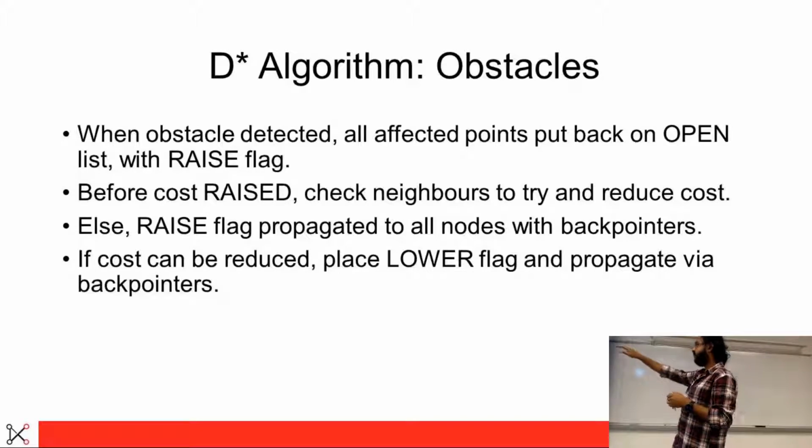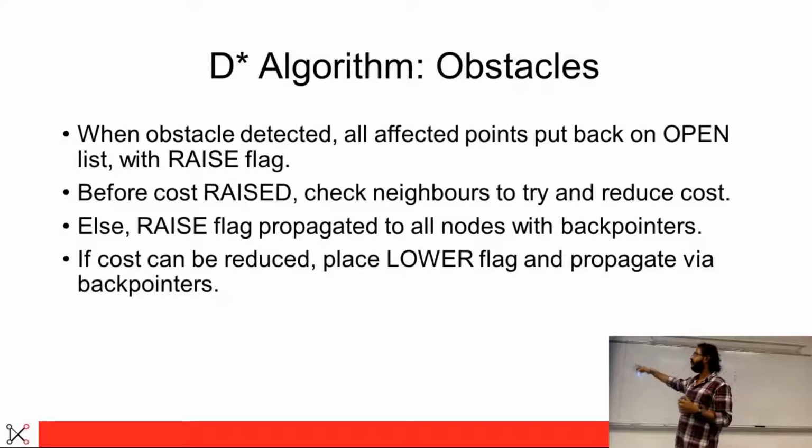Otherwise, you put the raise flag and then there is a wave of back propagation. Every node that had a back pointer, you raise their cost, which means that from here to here with this as an obstacle, this is a bad path. All of the points that led you here also have a higher cost, so you try and avoid that.